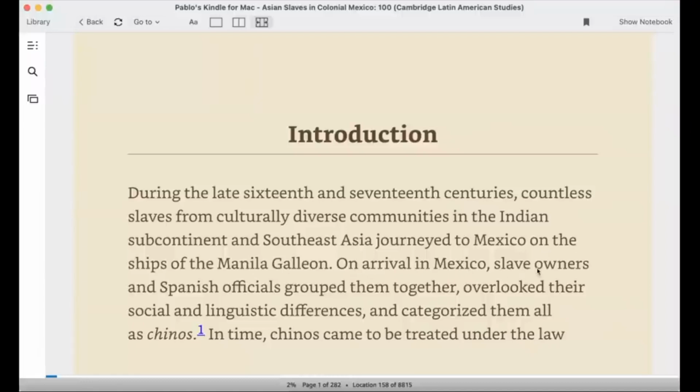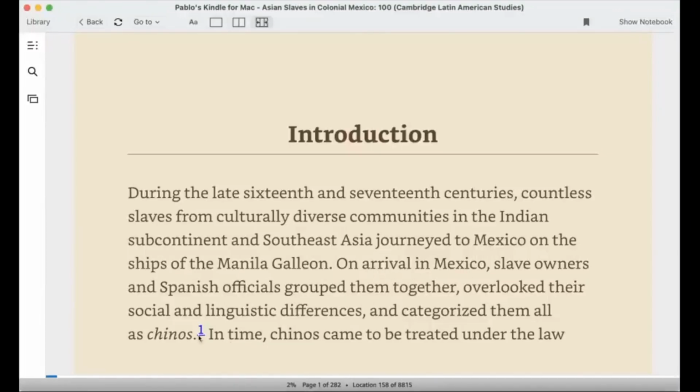On arrival in Mexico, slave owners and Spanish officials grouped them together, overlooked social and linguistic differences, and categorized them all as Chinos, right? These people ain't Chinese though. So you thought Chinos meant Chinese, right? It doesn't. It didn't back in 1600s Mexico or 1500s.